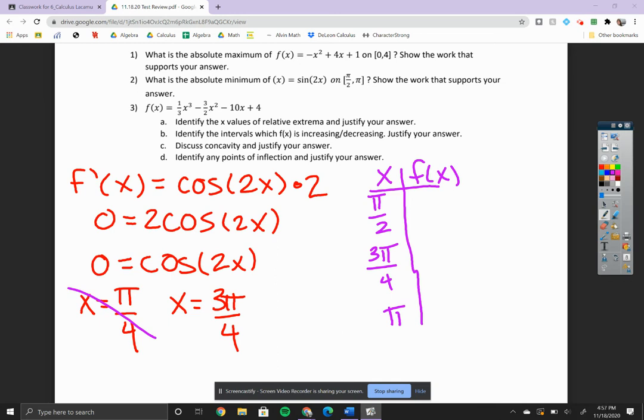Then we're going to substitute each of these into our original equation, which is sine of 2x. So if I have sine of 2 times pi over 2, it's just going to be sine of pi for the first one. And sine of pi is going to be 0.